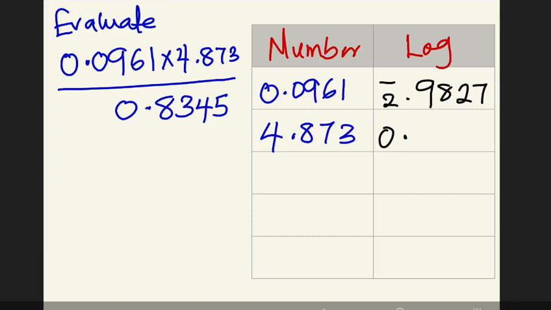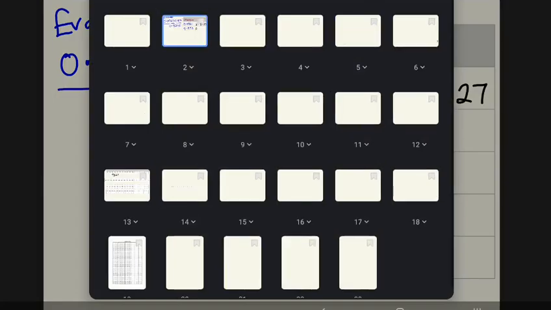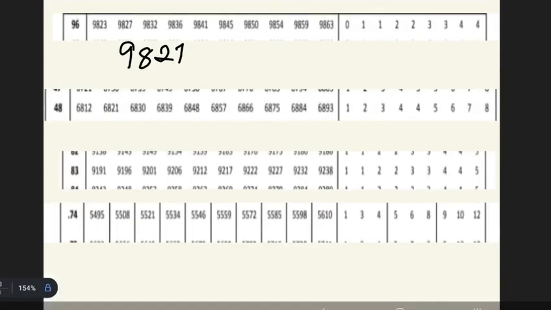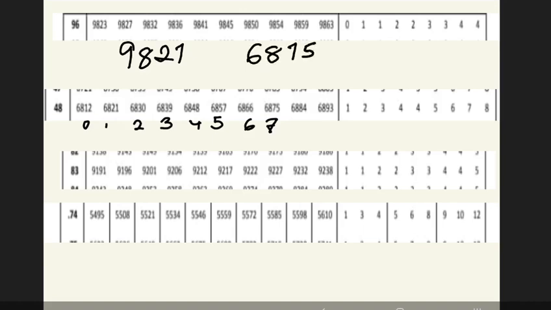under 7, difference 3. So let's find 48 under 7. This is 0, 1, 2, 3, 4, 5, 6, 7. So 48 under 7 will give us 6875.